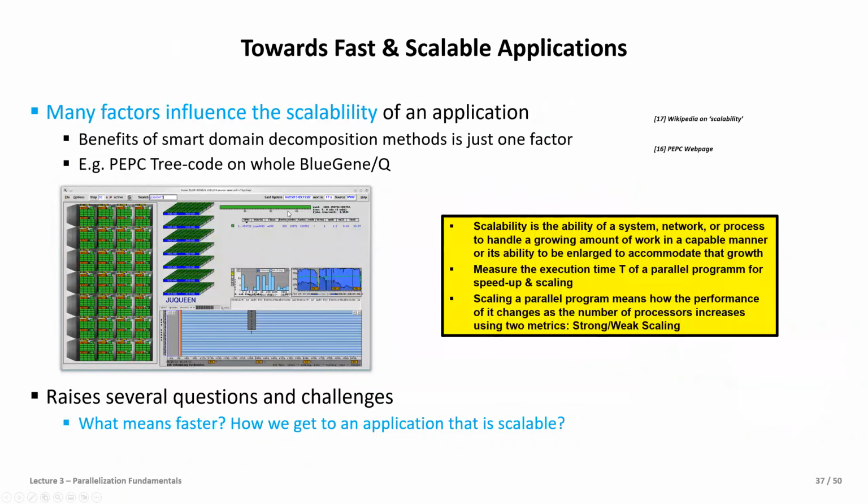Not everything is always the same, and what we are always interested in is this so-called scalability. When we make things faster, we want to use more and more of the n processors that we have available. And you see this tree code here, for instance, scales on an old machine, BlueGene/Q, it doesn't matter, to the whole machine.